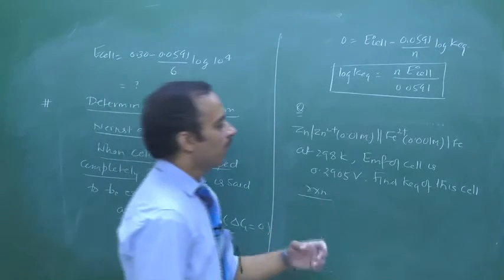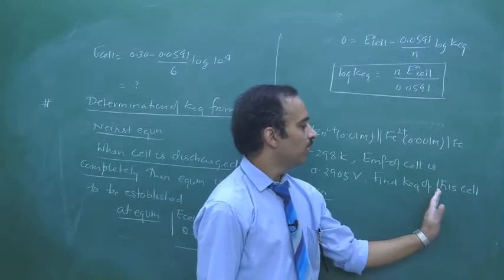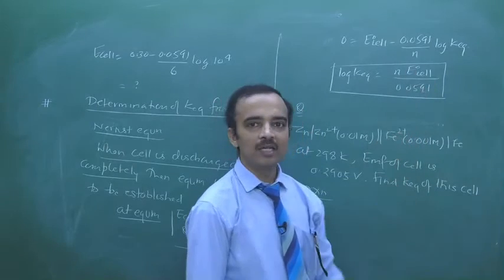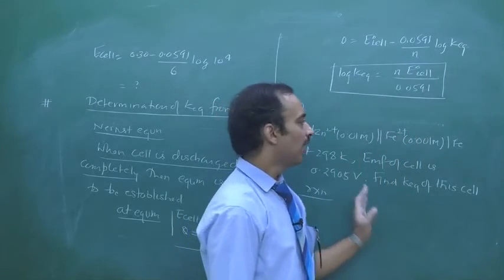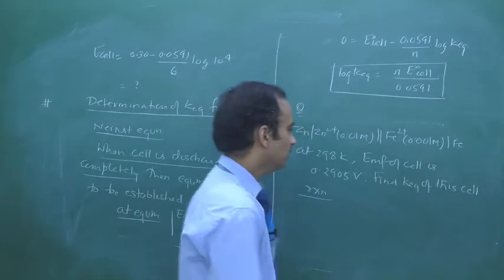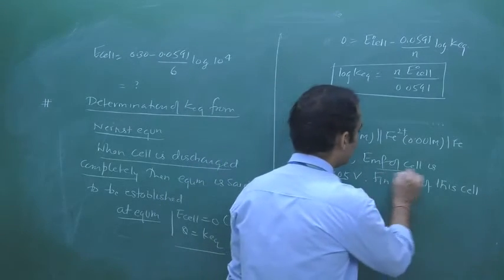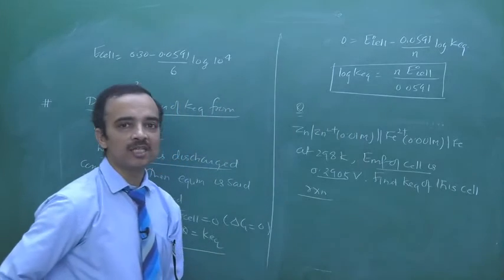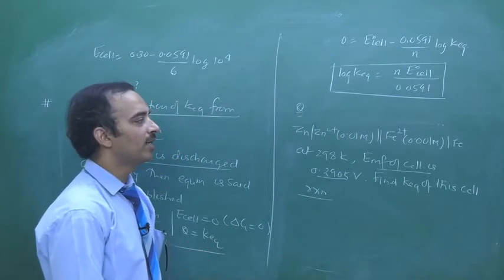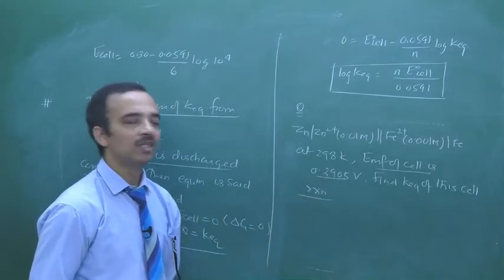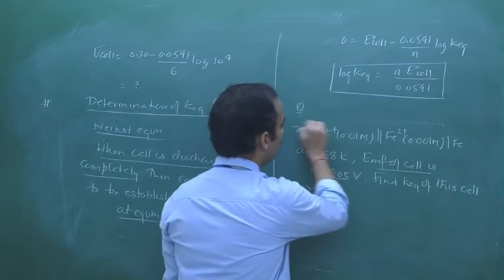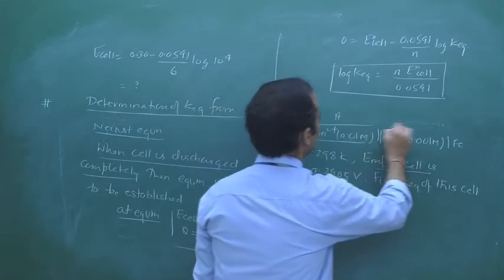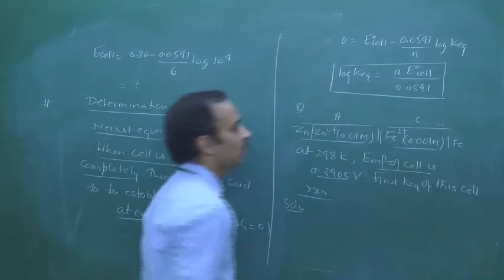Now, for determining equilibrium constant, we need E0 cell, and E0 cell is not given in the question. How can we determine it? That means this information must be used to determine E0 cell. Beta, this is anode, this is cathode.